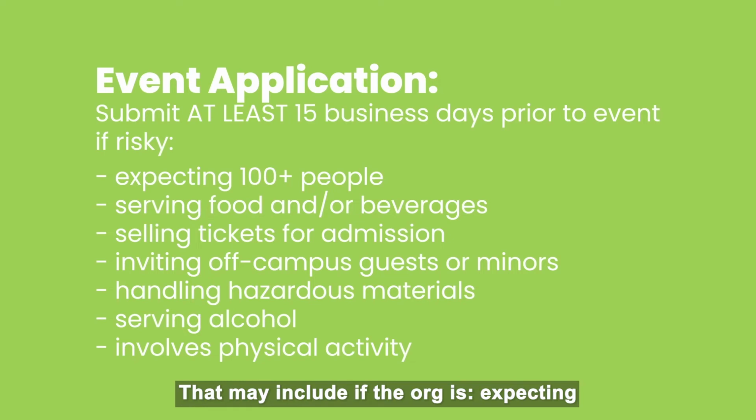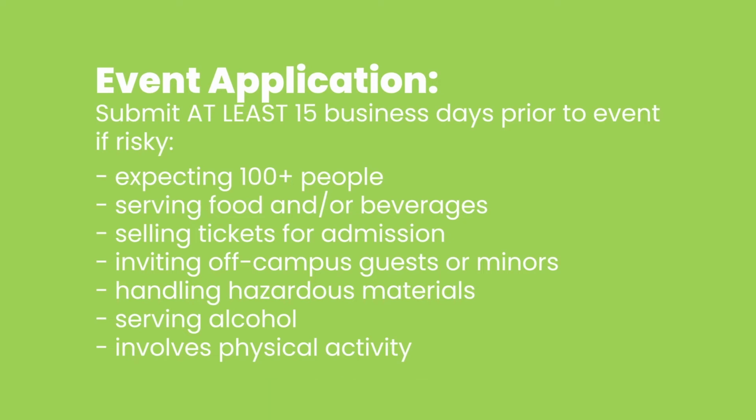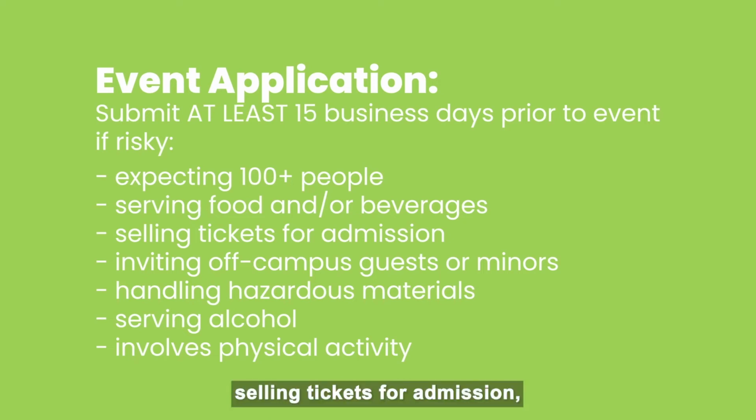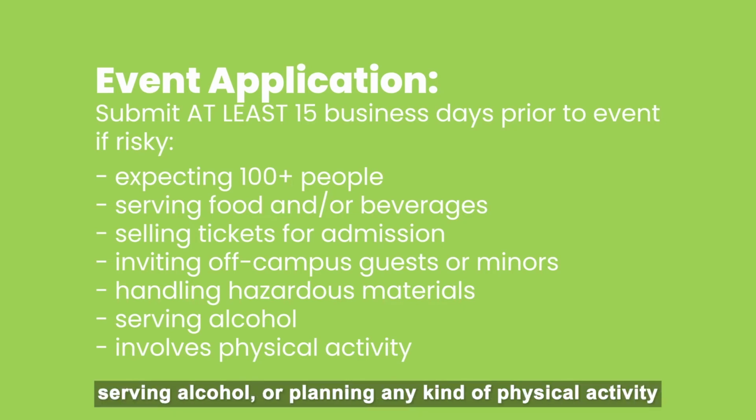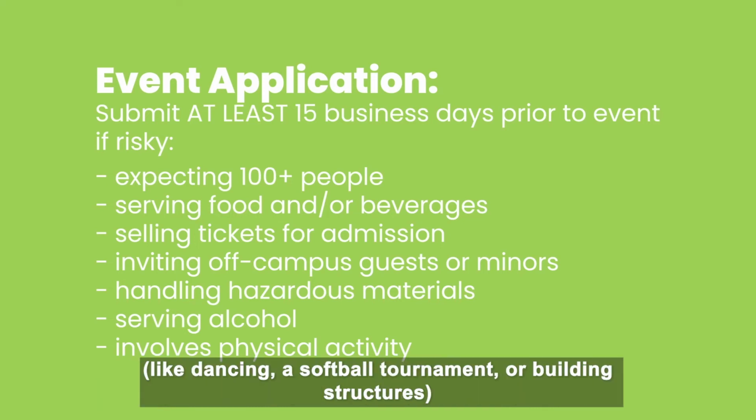That may include if the org is expecting more than 100 people in attendance, serving food and/or beverages, selling tickets for admission, inviting off-campus guests, inviting minors, handling hazardous materials like fire, a sledgehammer, chemicals, etc., serving alcohol, or planning any kind of physical activity like dancing, a softball tournament, or building structures.